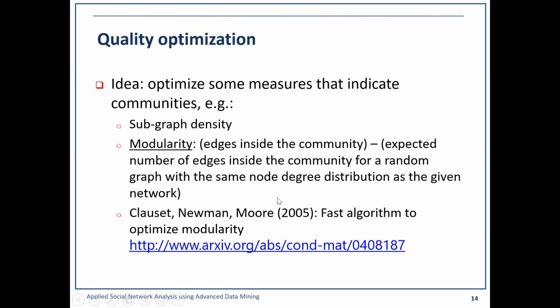Literally speaking, it's not a formula, but it's the notion we have here. We are counting the edges inside the community minus the expected number of edges inside the community for a random graph. What does that mean?